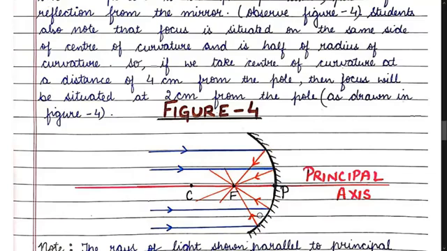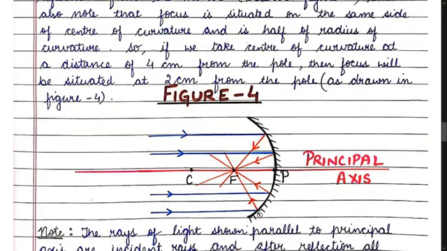Students, just remember that focus is always situated on the same side as the center of curvature, and while drawing the diagram, kindly pay attention that the distance between pole and focus is exactly half of the radius of curvature.